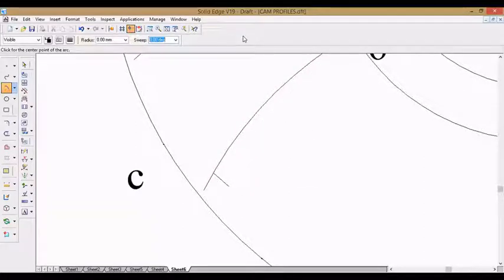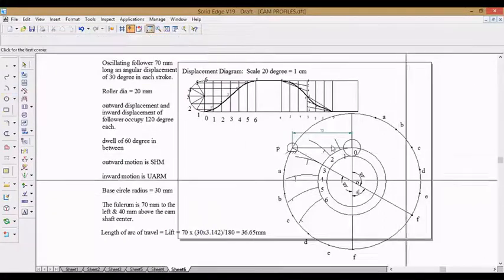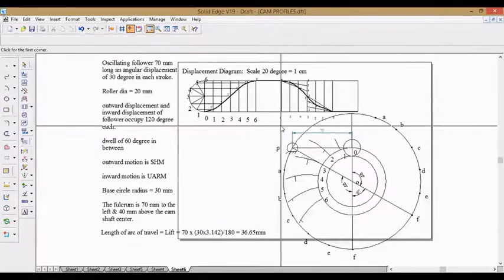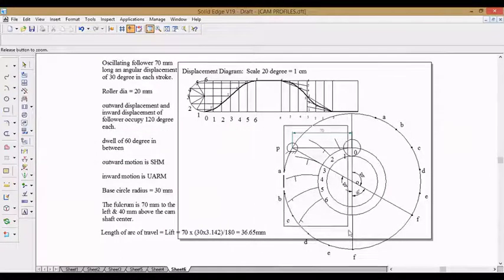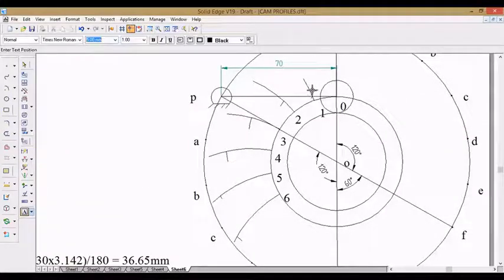Okay, so now you got almost all the points: 1 dash, 2 dash, 3 dash, 4 dash, 5 dash, and 6 dash. So this constitutes the measurement.